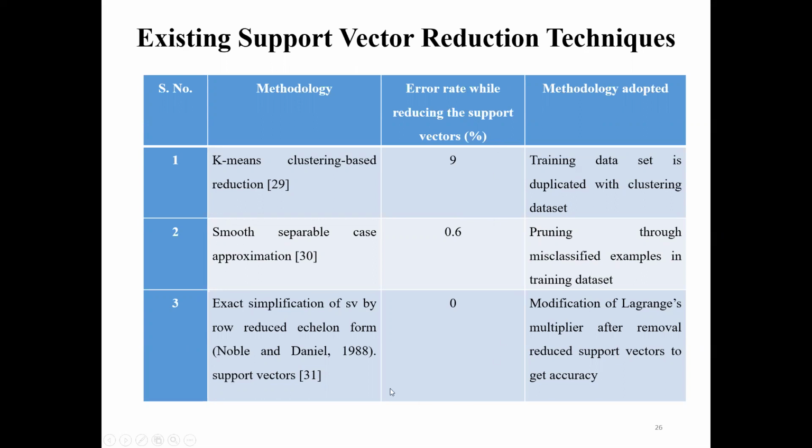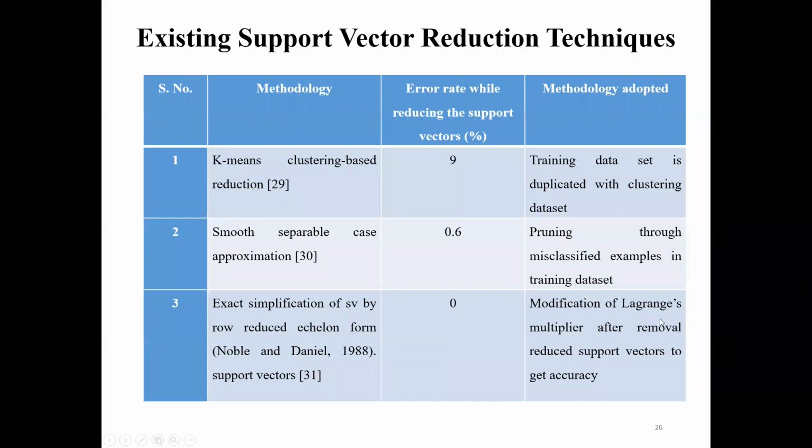Nobel and Daniel, 1988, support vectors 31, claimed exact simplification of support vectors by row reduced echelon form. They got a very low error rate while reducing the support vectors.